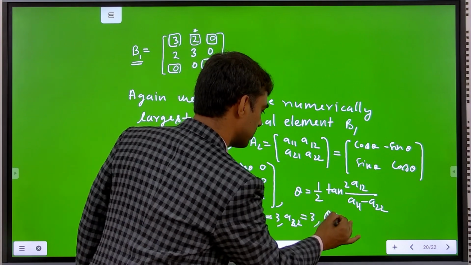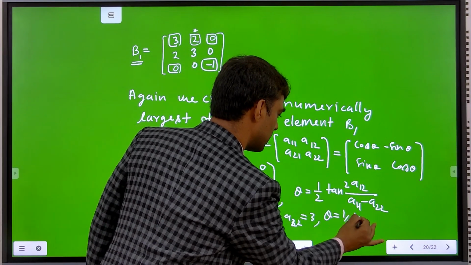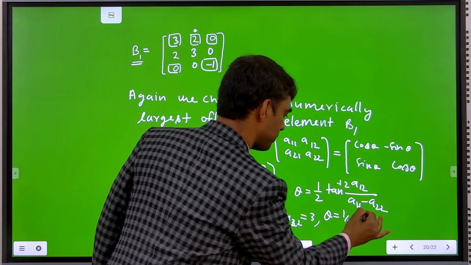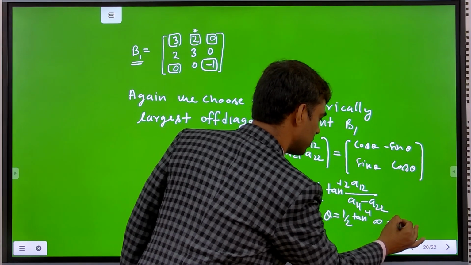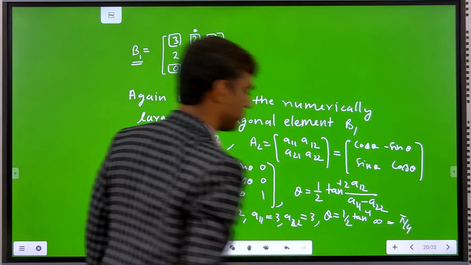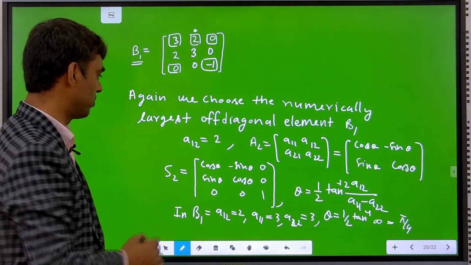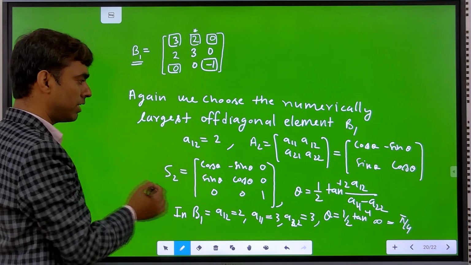Now theta becomes 1 by 2 tan inverse infinity, and this becomes pi by 4. Theta becomes pi by 4. So here, what is the value of S2?